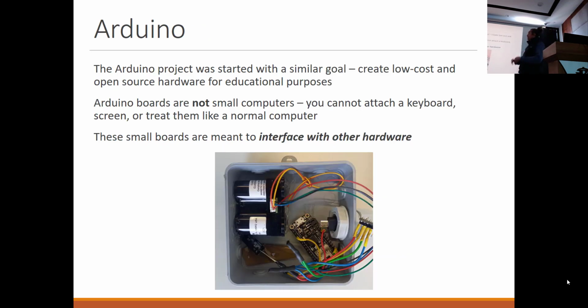The Arduino started with a similar goal, to make low-cost and educational devices, but they weren't so interested in having a desktop environment or being like a little computer. They were much more interested in creating microcontrollers.